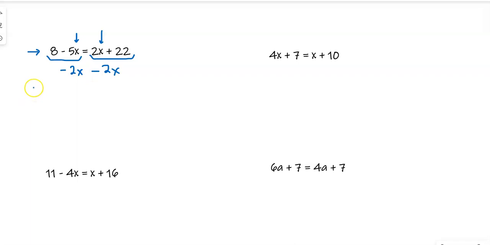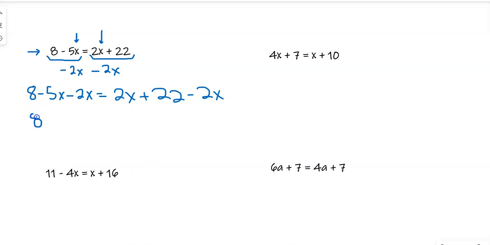In this case we will have 8 minus 5x, and then we're subtracting 2x from this side, equals, the right side says 2x plus 22, and we are subtracting 2x from it.